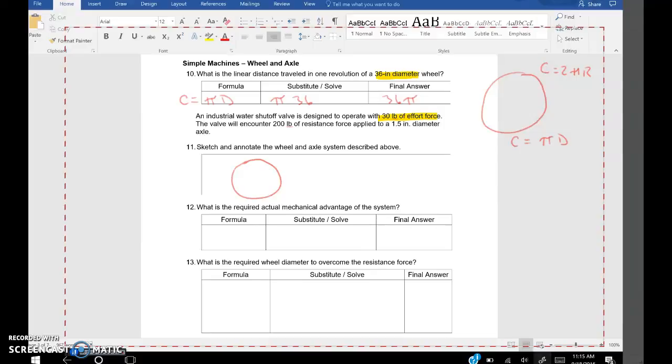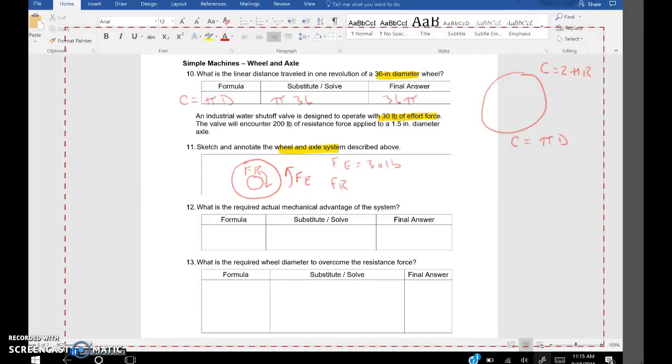So here's the valve that you're actually turning, right? And when you apply an effort force to turn it, the effort force is going to be on the outside. But we're dealing with the wheel and axle system, right? It tells you wheel and axle system. So we need to also draw our axle. Now, if our effort force is on the outside, then our resistance force has to be on the inside, right? And it tells us that our FE is going to be 30 pounds.